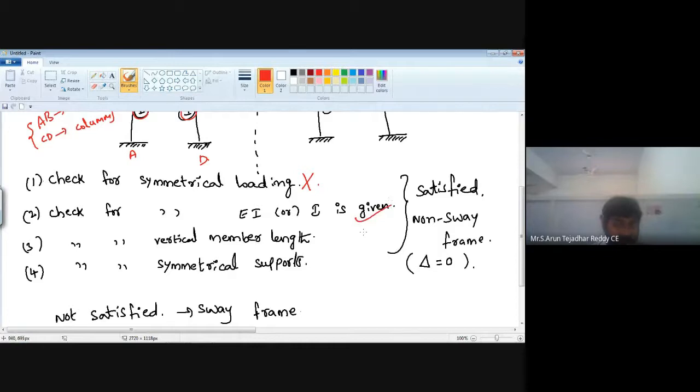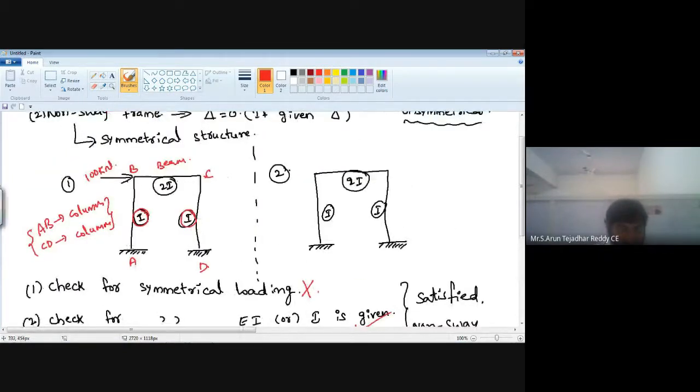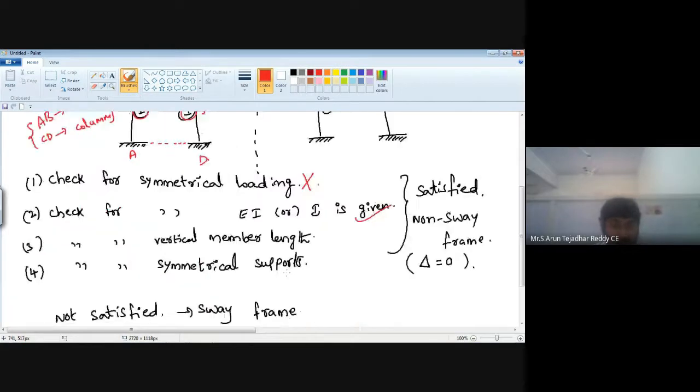Next, the third one is to check the vertical member length. See, A to B, suppose it is 5 meter, and C to D is also the same level. So the third point is also satisfied. Next, check for symmetrical supports.